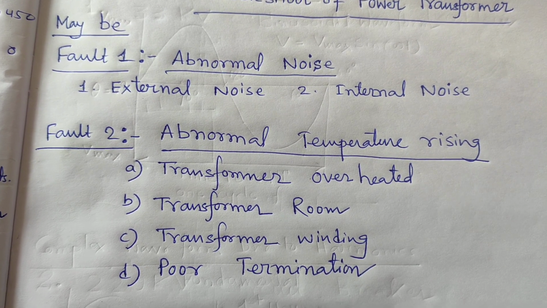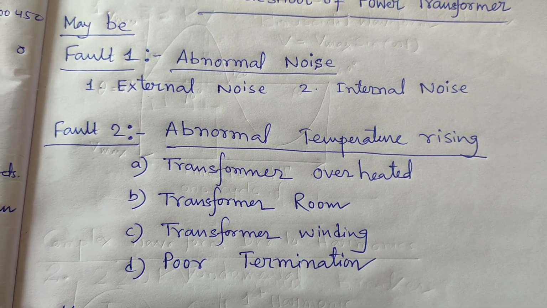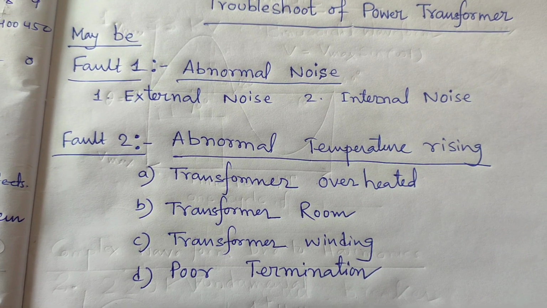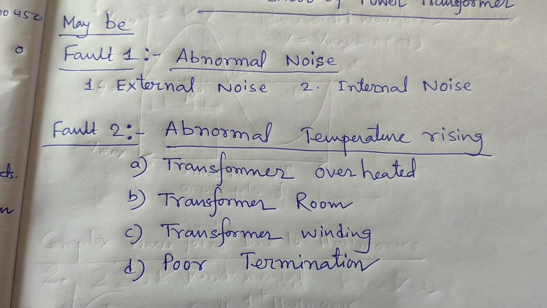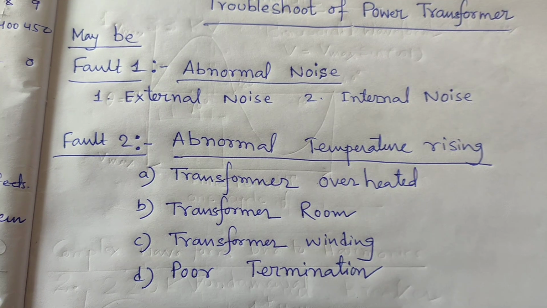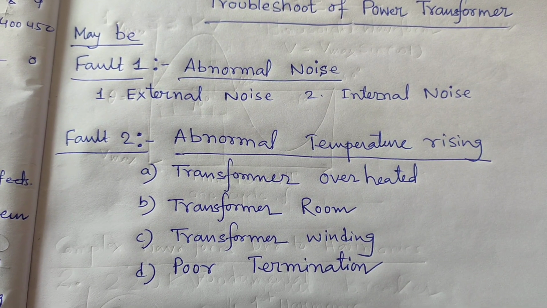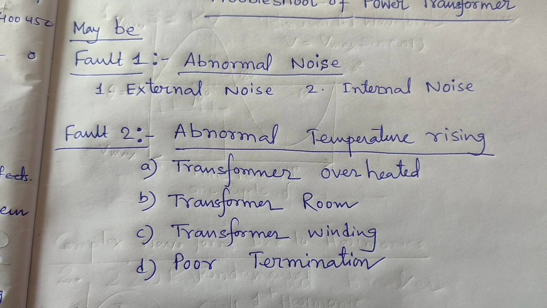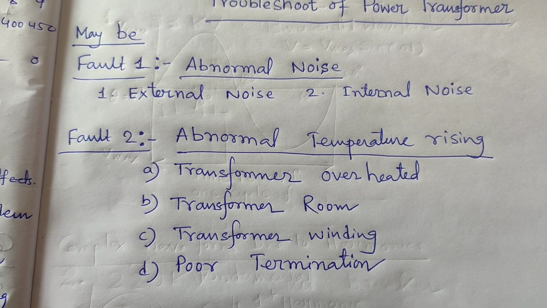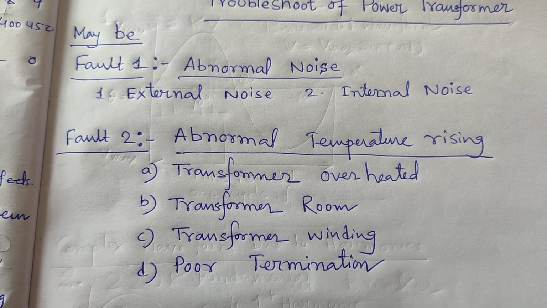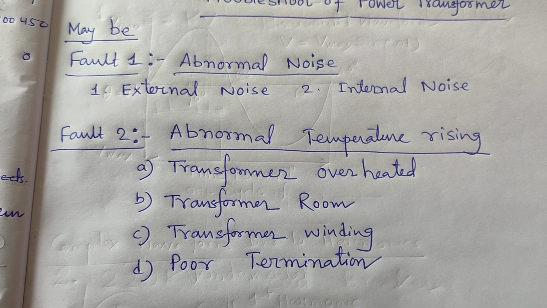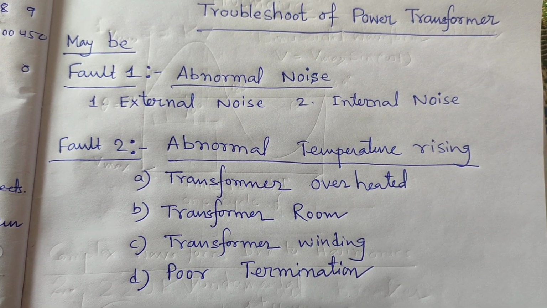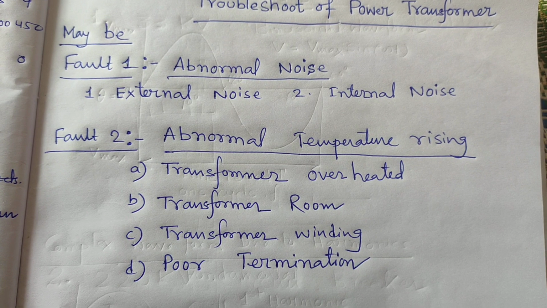The testing department first does measurement of insulation resistance, second the winding resistance, and measurement of voltage ratio. If some problem is there, the testing department will recommend action as per their experience.